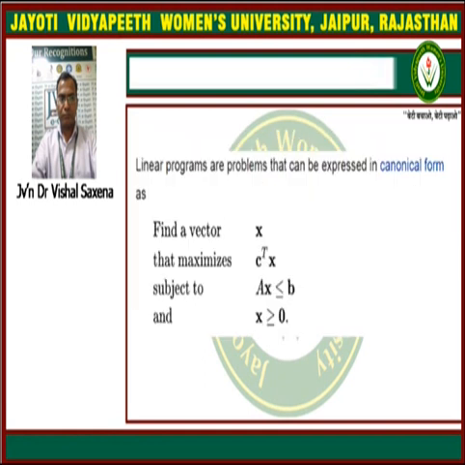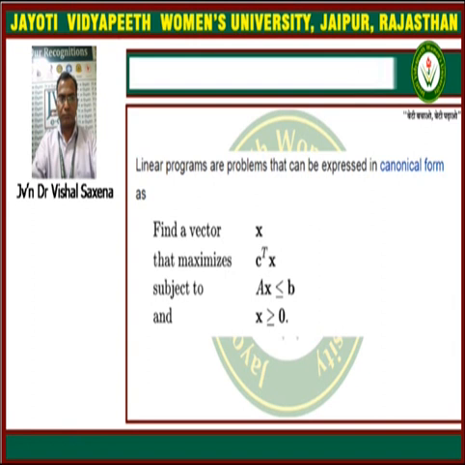So now here we see what the canonical form for linear programming problems is. This is a mathematical concept of the linear programming problem, and in the canonical form, we have to find a vector x, meaning the solution is required for the variable x, that maximizes C^T x.